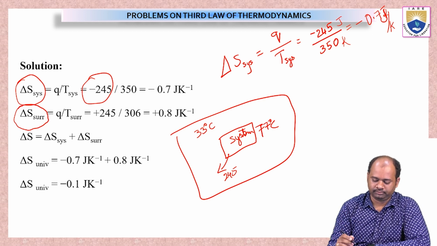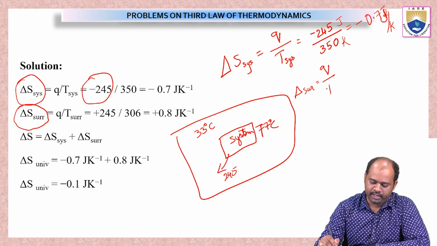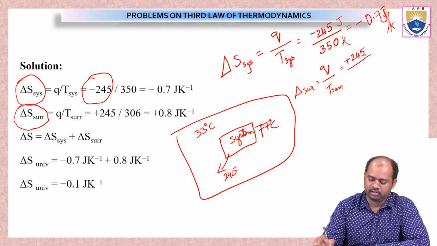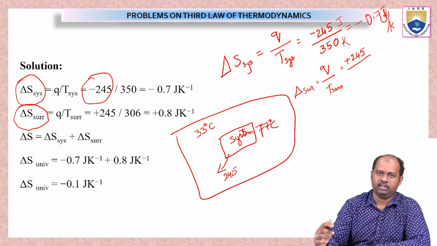For this, we will rewrite the formula. Delta S surroundings is equal to Q divided by T surroundings. Now what is changed here? We have to write plus 245, not minus, because the heat is removed from the system and it is given to the surroundings.